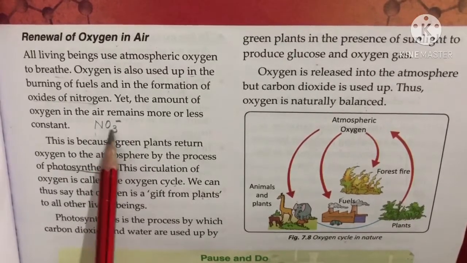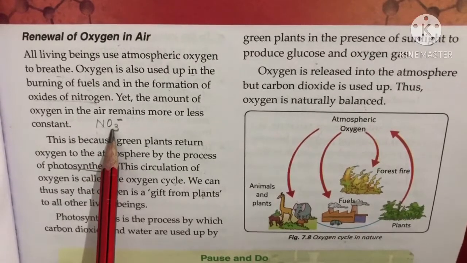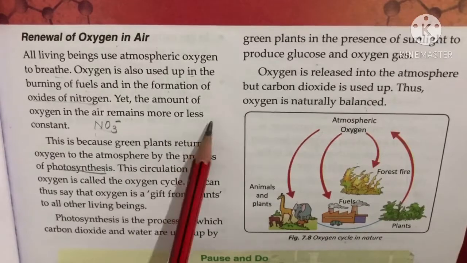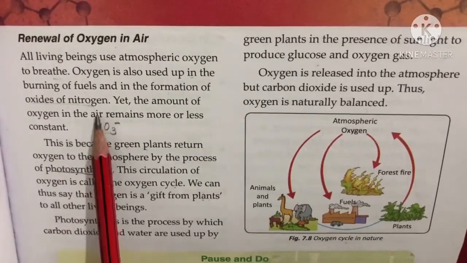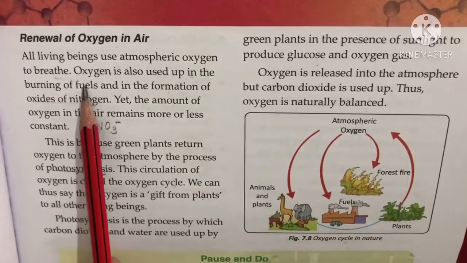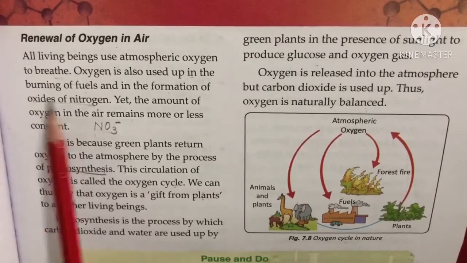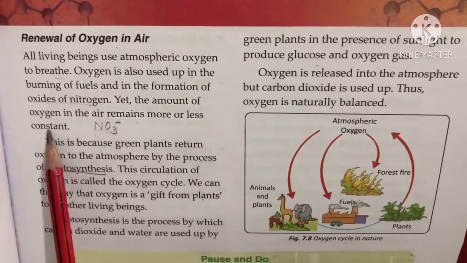This is the nitrate form, meaning oxide of nitrogen. Still, the amount of oxygen in the air remains more or less constant. Oxygen is used for the burning of fuels and sometimes for the formation of oxides, yet its amount remains more or less constant.